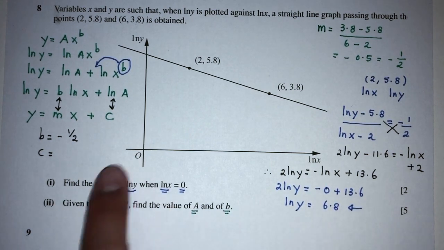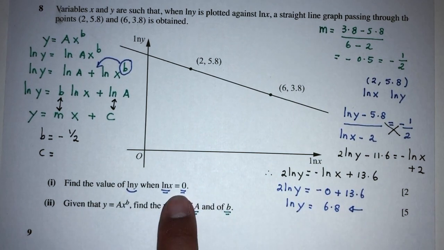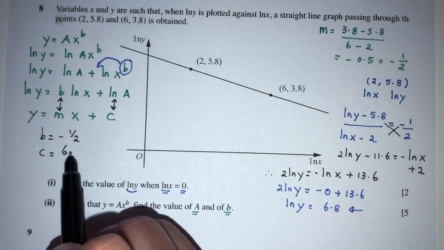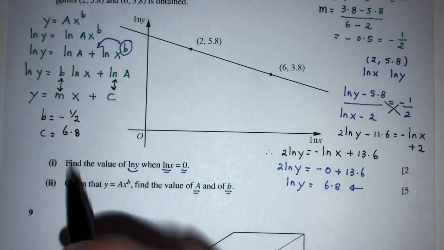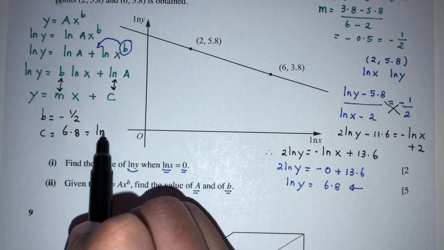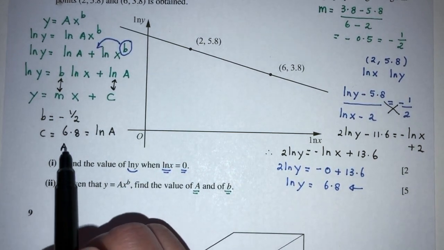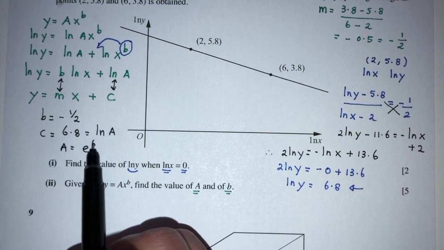So as you can see, here when ln y equals 0, the value was 6.8. Which means ln of a is equal to 6.8. So a has to be exponential 6.8.